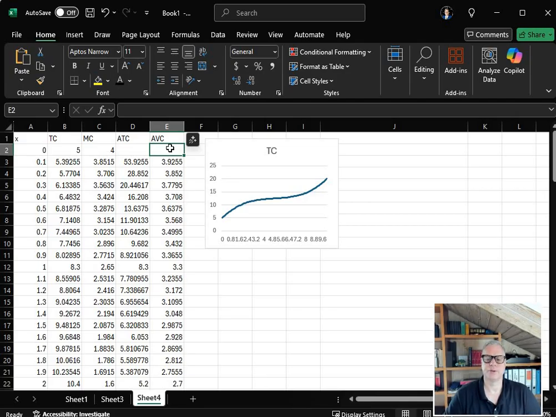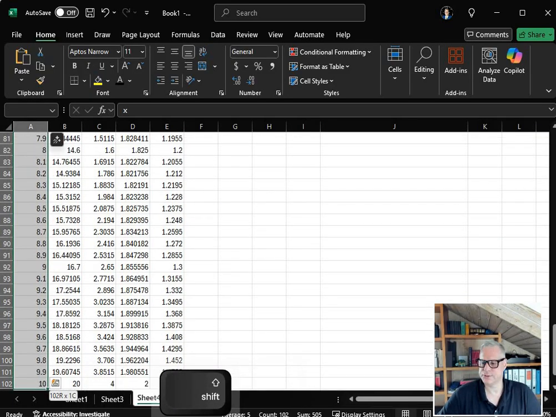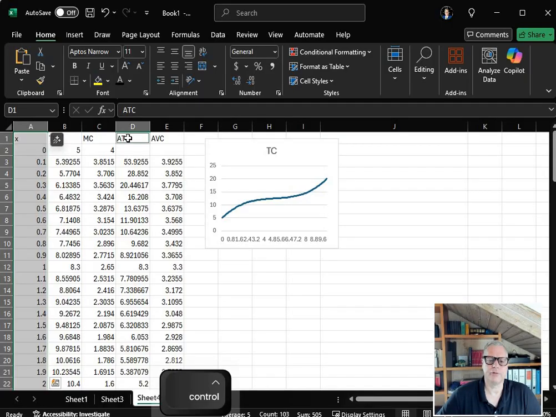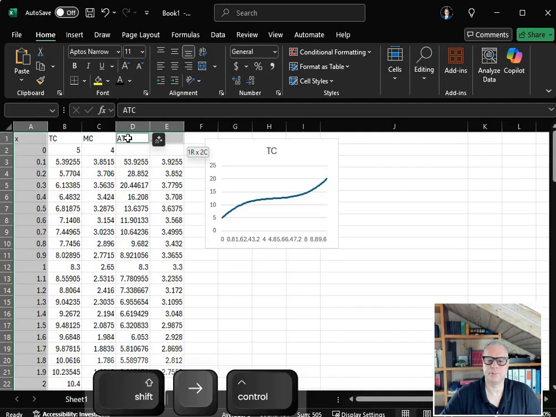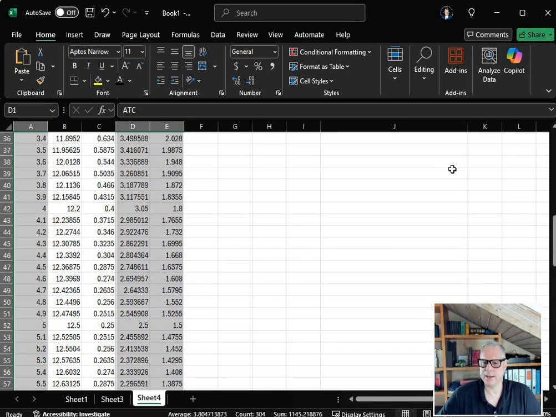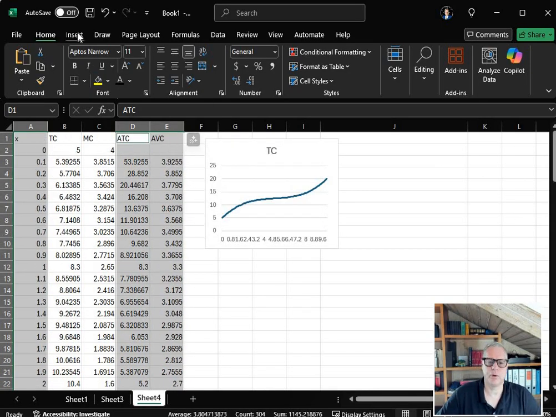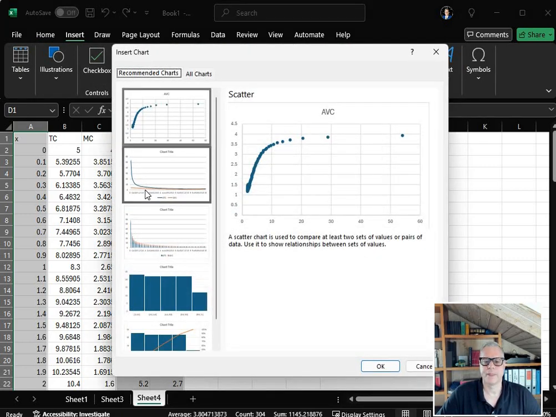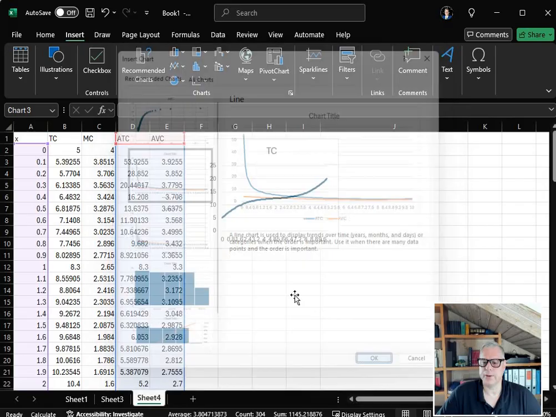Okay, so now let's draw this. On the x-axis we put x, then average total, average variable. So I highlighted everything that I need to draw the graph. Insert recommended charts, and we take this one here.